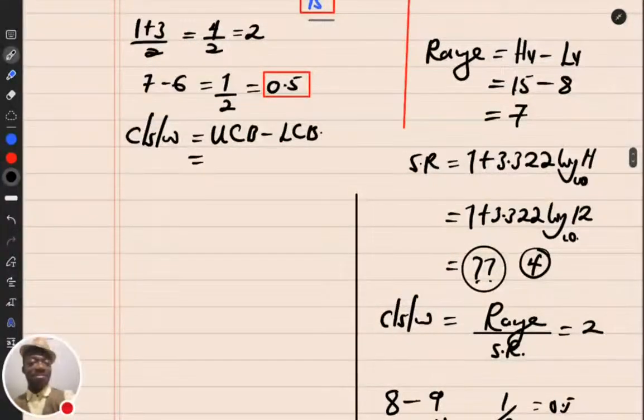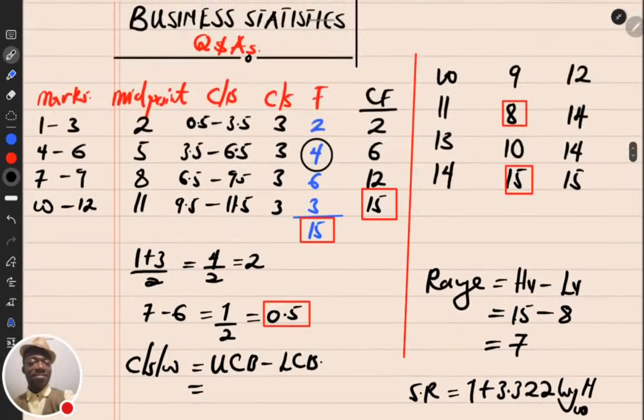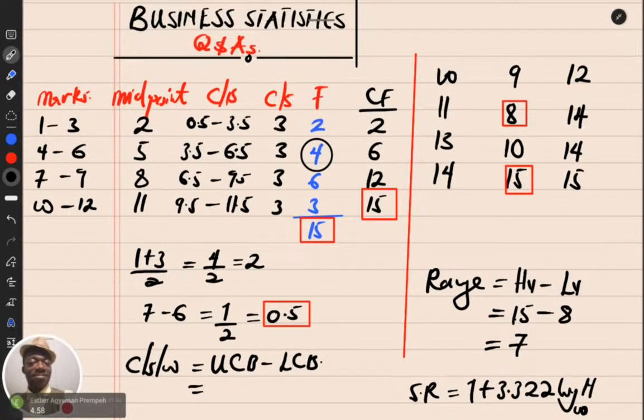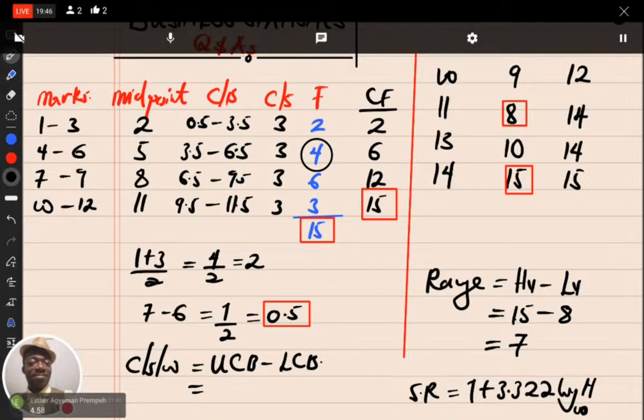I can say that the percentage frequency for the second class, which is 4 to 6, is equal to 4 over the total frequency, which is 15, then multiplied by 100. Whatever I get will give me my percentage frequency for the second class interval. You are good to go. Some of these things are very simple and easy.